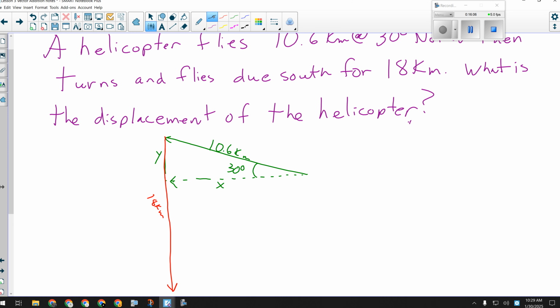Where would I draw a line that represents the total displacement of the helicopter? We always draw it from initial to final. Just from here, that's my initial position. That's the final position.